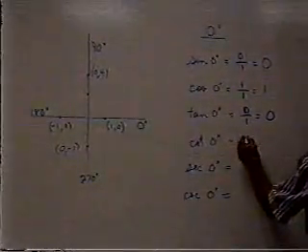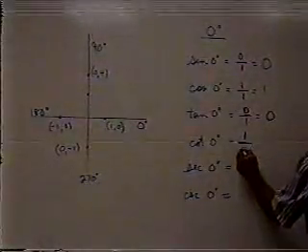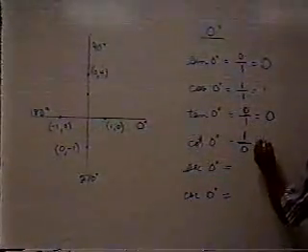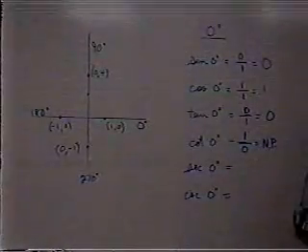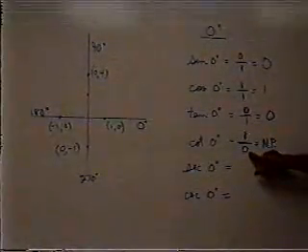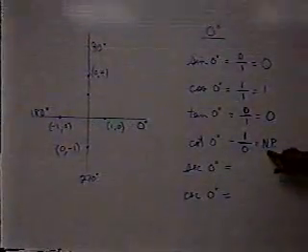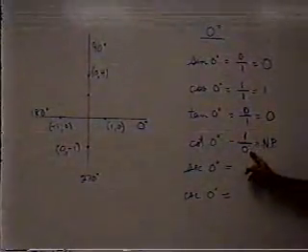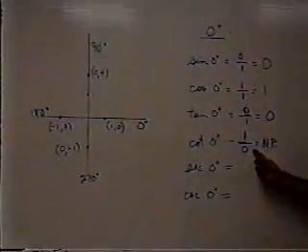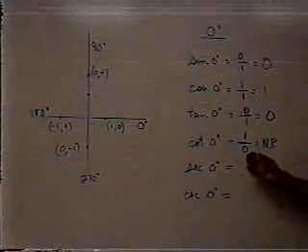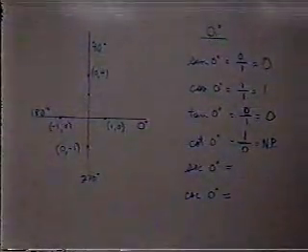Cotangent is x, which is 1, over y, which is 0, and this is not possible. When you get a 0 in the denominator, then the answer to that angle is not possible. It does not exist. 1 divided by 0 does not exist. So we have no cotangent at exactly 0 degrees.